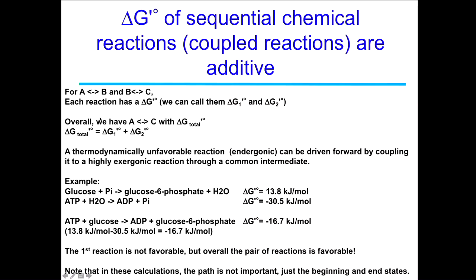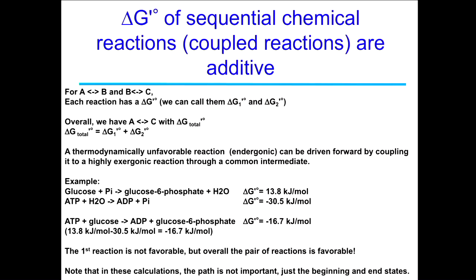And what happens is we can say, well, A is being converted to B, but then B gets used up and is converted to C. Overall, we go from A to C. Okay, so we have A to C, and now we have a delta G total. All we're doing is we're going to add up delta G1 and delta G2. Okay? Simple, great. Maybe it's an answer to your homework question, but what does that really mean?